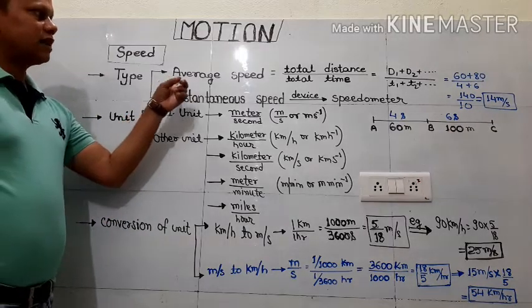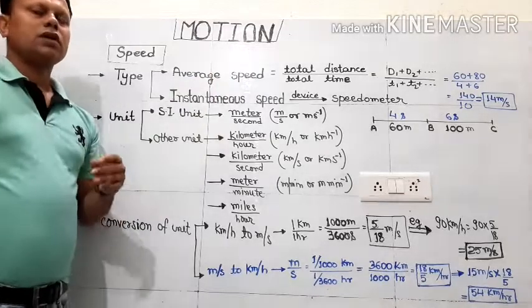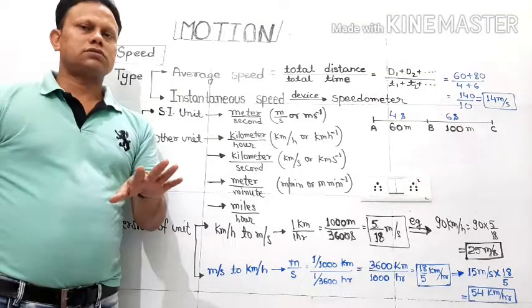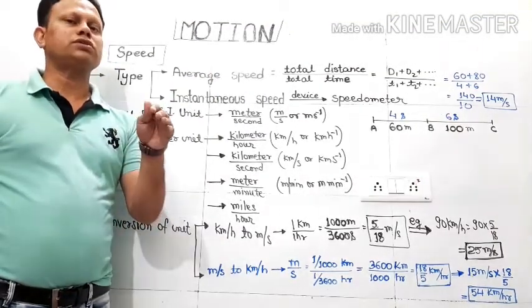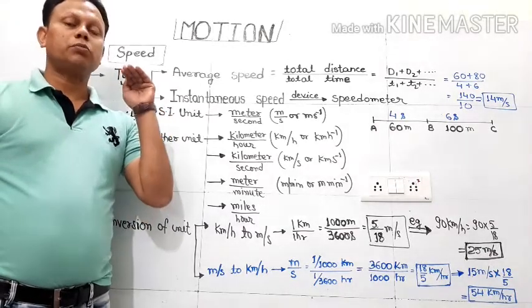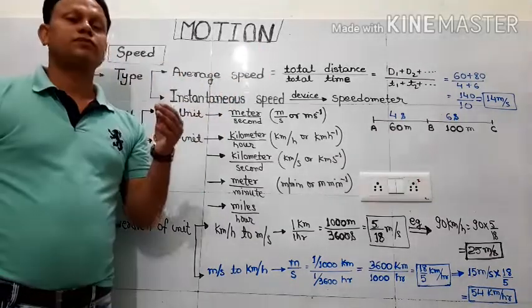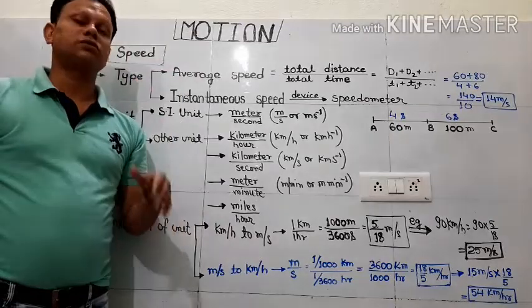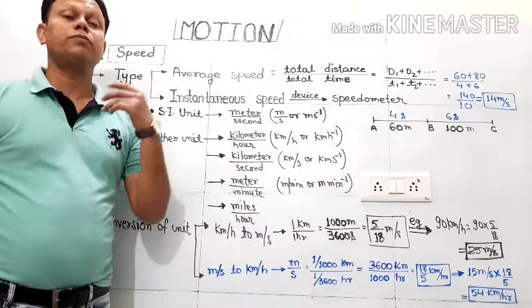Now, to understand the average speed, we know the road conditions. In every road condition, you cannot move with a fixed value of speed. Sometimes your speed goes down, sometimes you accelerate, you speed up.